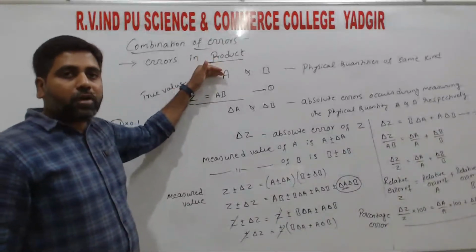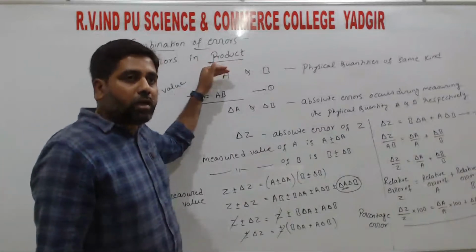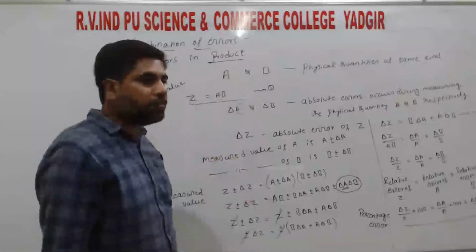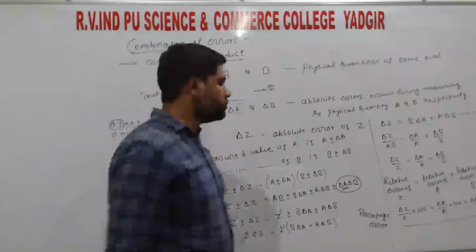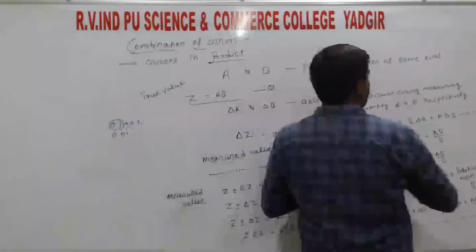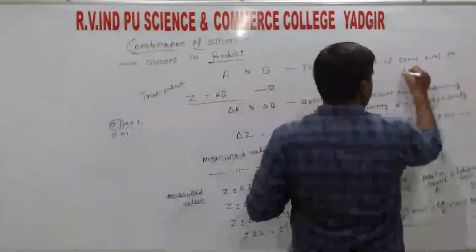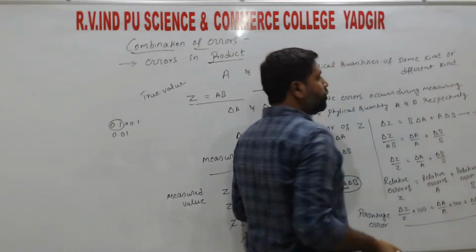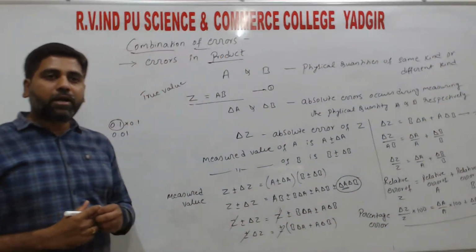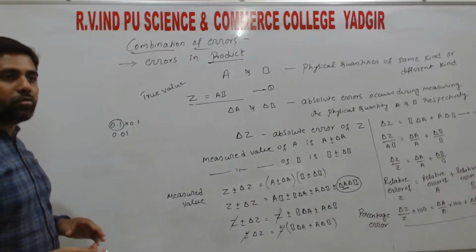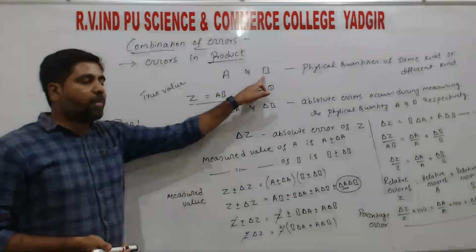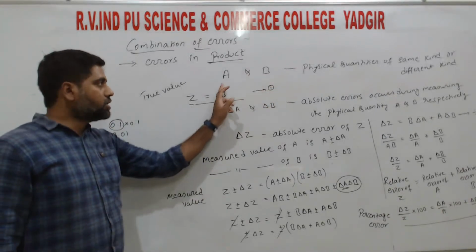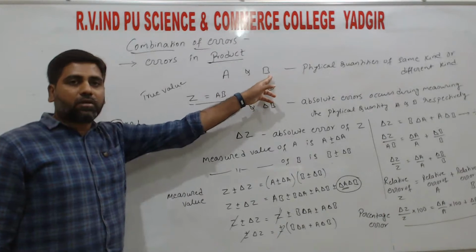So if any two physical quantities are in a fraction, there we get relative error. So A and B, the physical quantities, can be of the same kind or of different kinds, right? You can multiply those two physical quantities, right? So mass is one physical quantity, acceleration is another physical quantity.